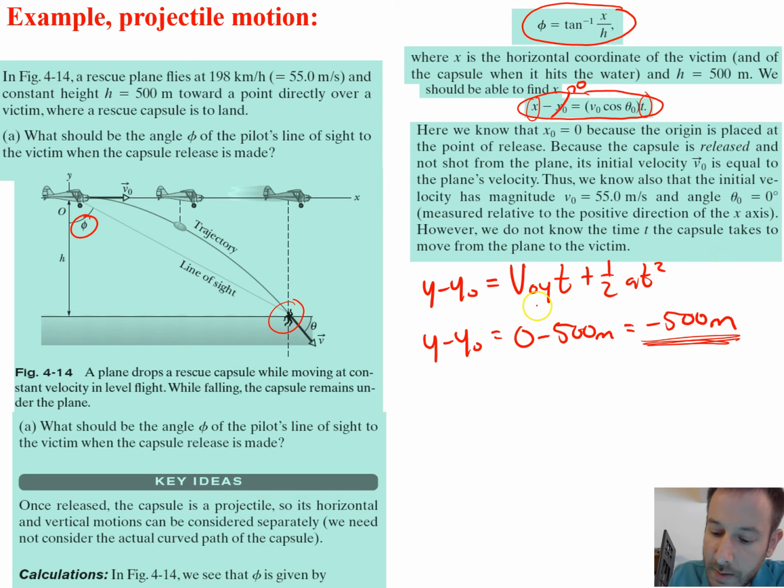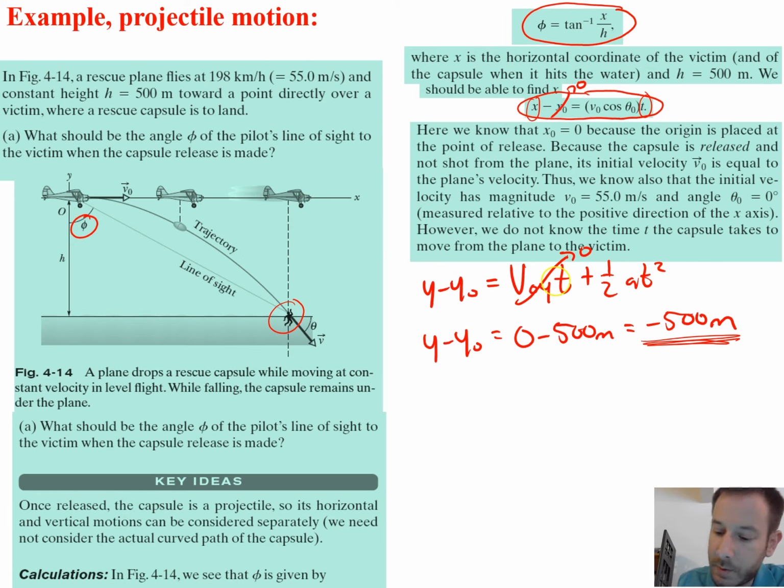The initial velocity in the y direction, well, we know that our angle is 0. So v naught times the sine of 0, which gives us our y component, is going to be 0. So this term is just going to be 0. There's no y component of velocity right as it's dropped. It's going to start accelerating down, but it's going right with the plane before it's dropped, so it's not going to have any y component of velocity when it begins.